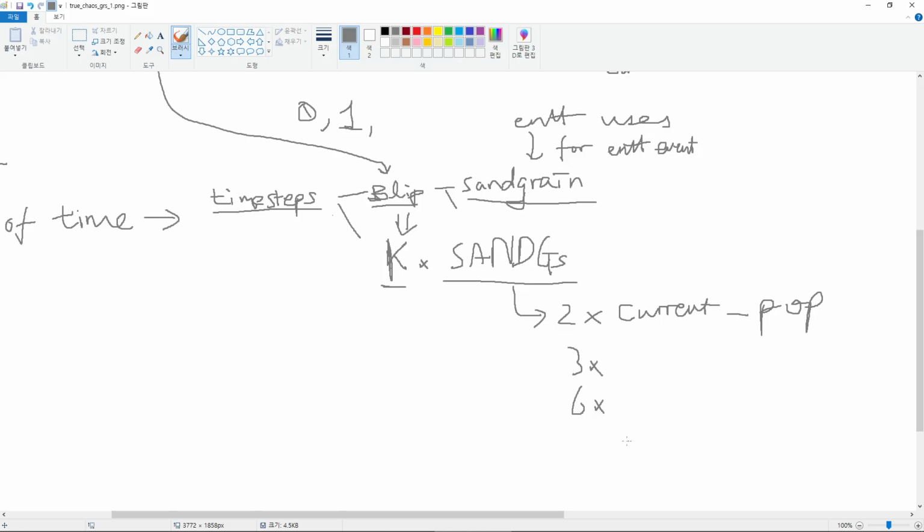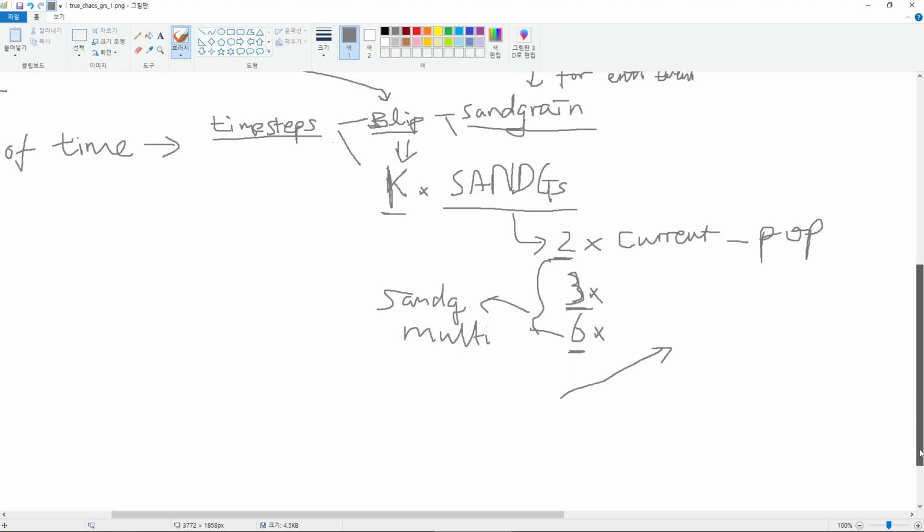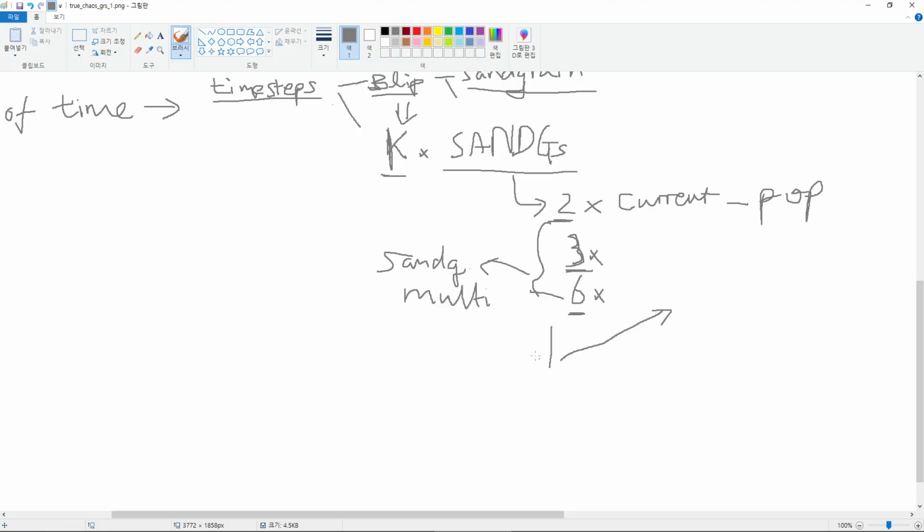There was a time when it was fixed at 2, constant, and then 3, and then 6, and then there was a time when the sand grain multiplier would increase as the number of items or number of genes increased, and a time when it would also decrease. So these two were adaptive.